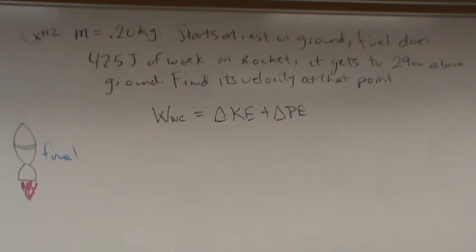And did you put, oh, you got to put 425 on the left side. I give you the non-conservative work, it's 425. Good. Oh, can I interrupt you? The final kinetic energy isn't 0, it's the initial kinetic energy that's 0. That's the non-conservative work, so that goes on the left side.